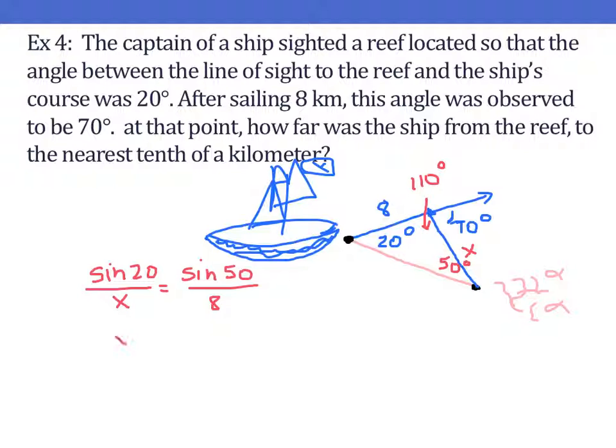And when you solve for x, you're going to get 8 sine 20 divided by sine 50. Alright, so let's put that in the calculator and see how far away it is. Alright, so I found that we're about 3.6 kilometers away from the reef.